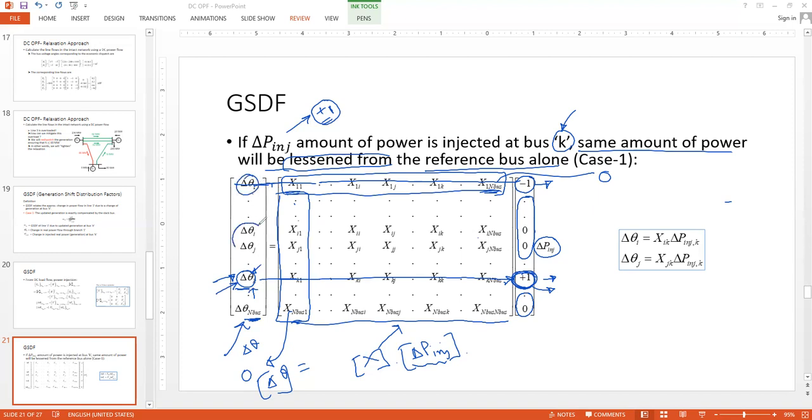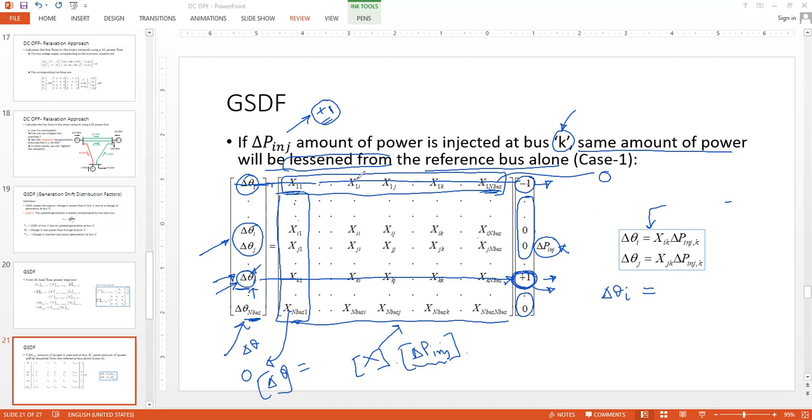any two general buses, theta i and theta j, how can we relate this change of theta with the change of P in terms of the X matrix entries? Let's see. So what would be del theta i? Only two entries are there.